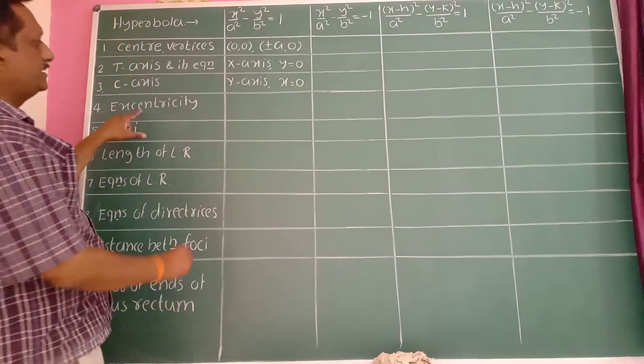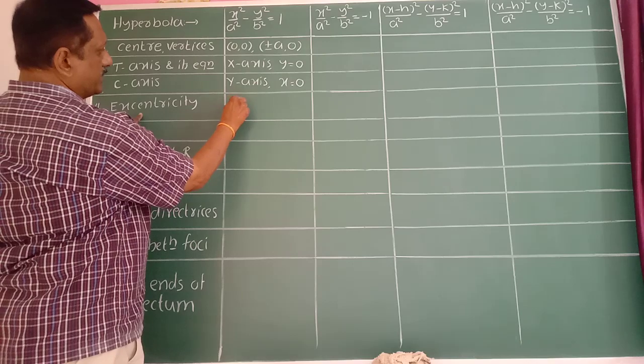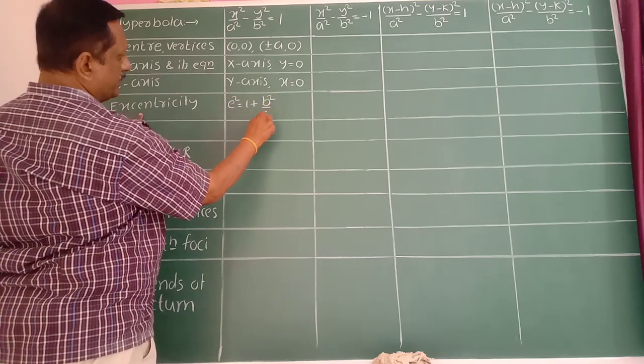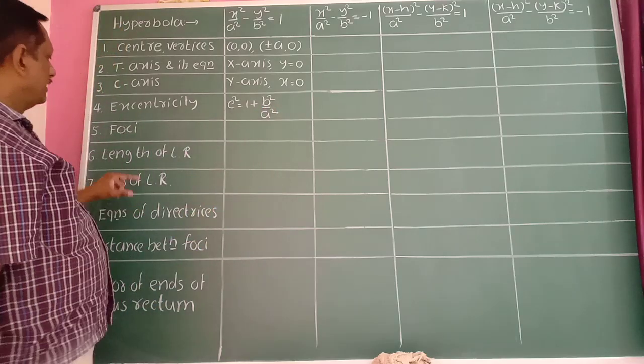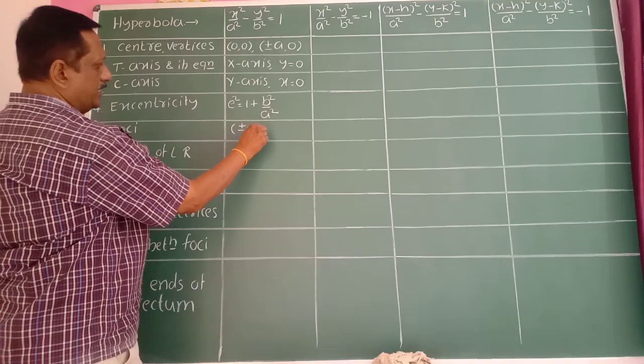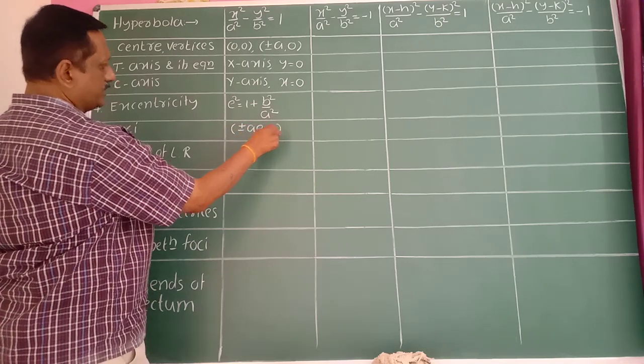Then eccentricity is given by e squared is equal to 1 plus b squared divided by a squared. And the foci are plus or minus ae comma 0.